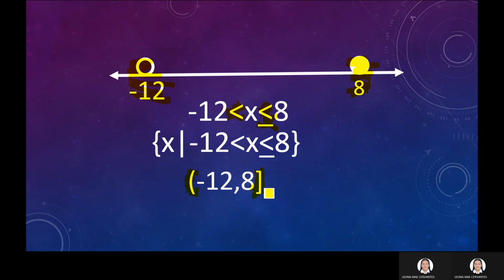Okay, for our recap, we discussed functions and relations. So we have types of relations, which are one to one, one to many, and many to one.